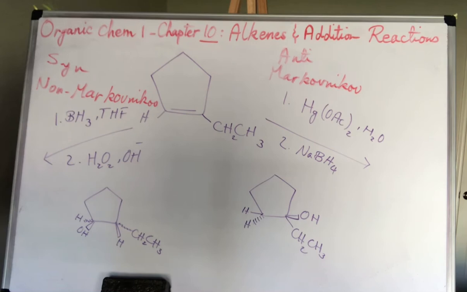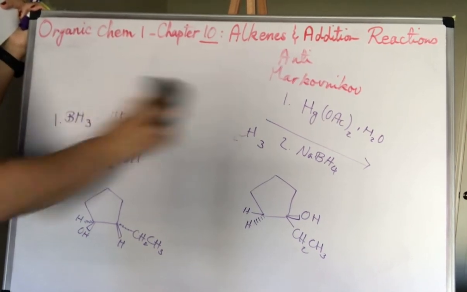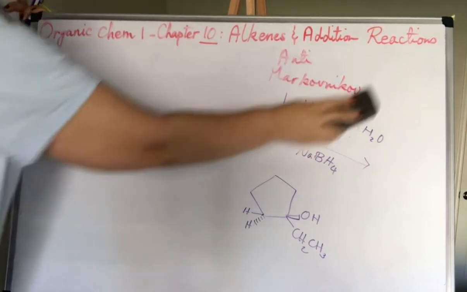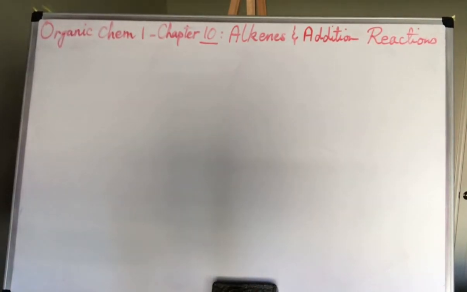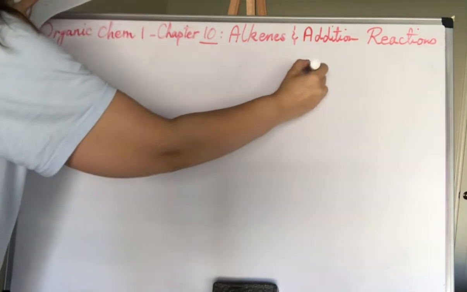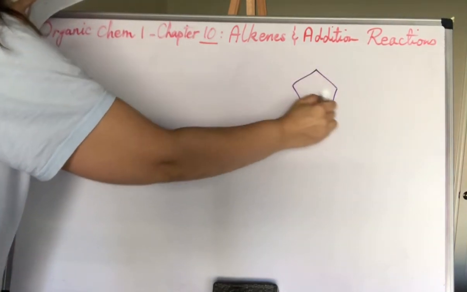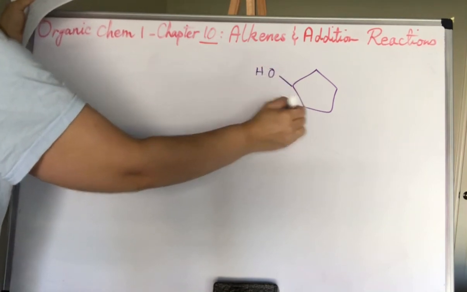Okay? Now, another type of question that we have in this part is to go from the product to the reagent, to the reactant. So let's see how it works. For example, you have this product, and this is the methyl group here.